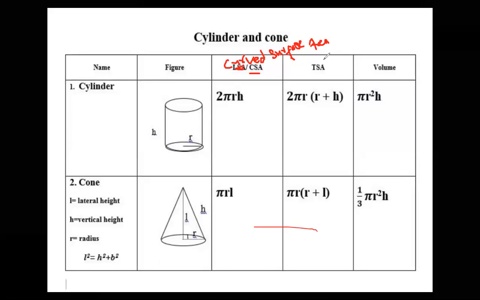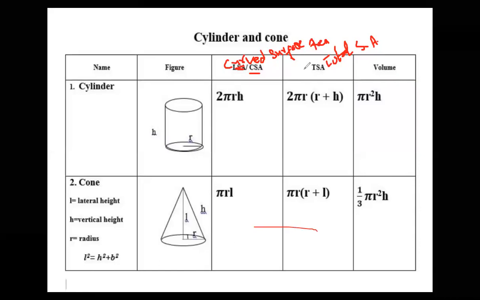Now TSA means total surface area. You can see the spelling over here. That means it includes everything. Curved surface area, total surface area, and this is the volume. The full form is given over here.